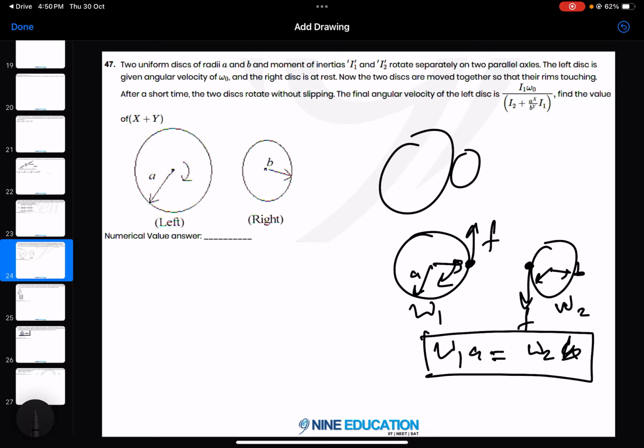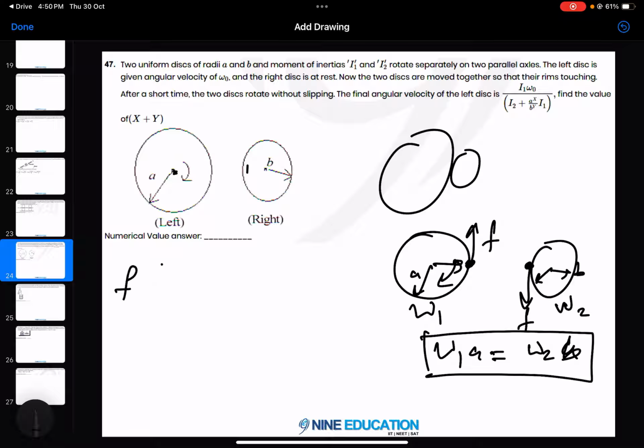Now we can conserve angular momentum by taking friction as an internal force, but for that we need the moment of inertia of B about an axis passing through A. Instead of that, we can write angular impulse is change in angular momentum. So what will be the angular impulse on A?